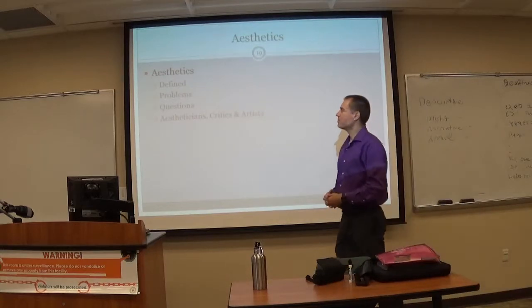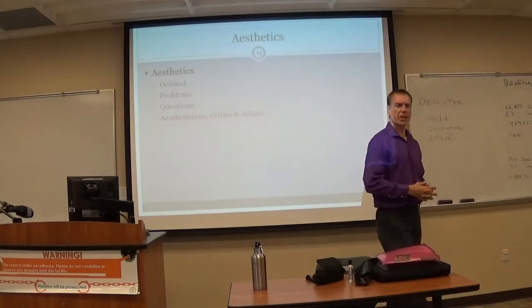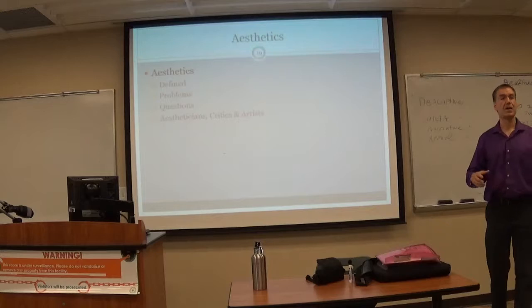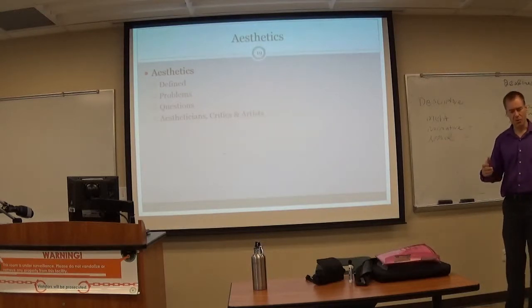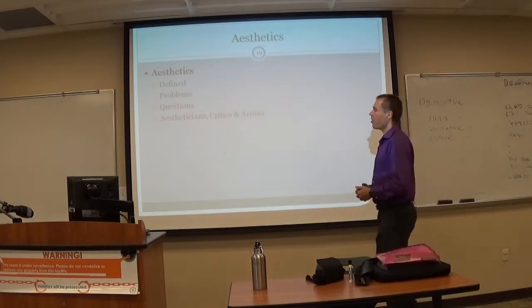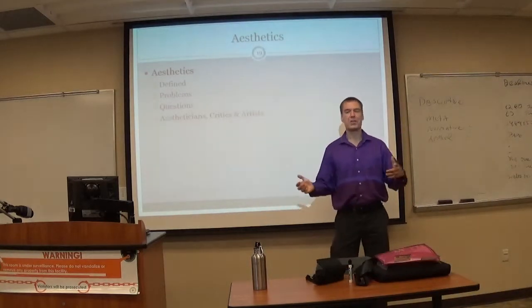Now, there's all kinds of problems and questions in aesthetics, and some of these blend into other areas. Some we've already looked at. Like the most abstract one is, of course, what is art? What separates things that are not art from art? Then there's the long question of what is beauty?